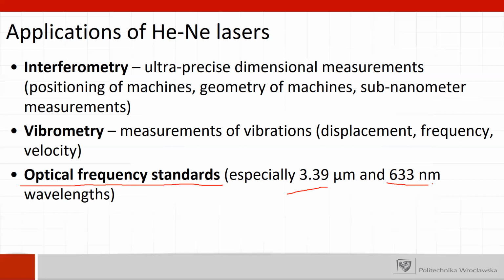In Poland, we have GUM, which is Główny Urząd Miar. They have various kinds of standards for metrology, and for example, they have a helium neon laser, which is just a standard of the optical frequency. This is, of course, a stabilized laser, but it can be used as a calibration device for other types of lasers, or just as a reference to compare between different lasers.